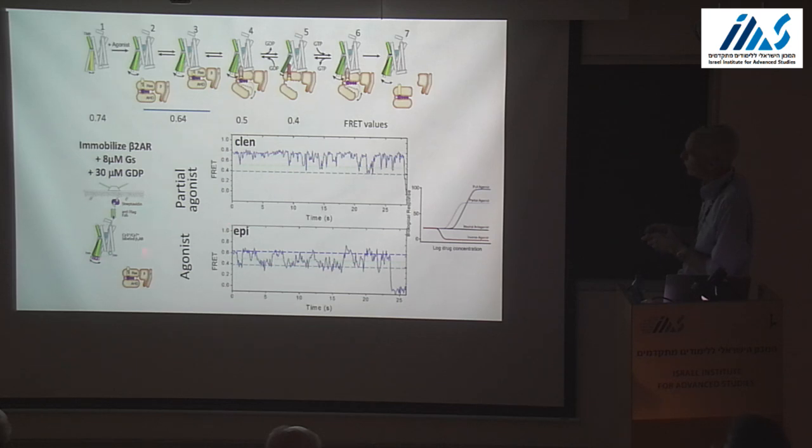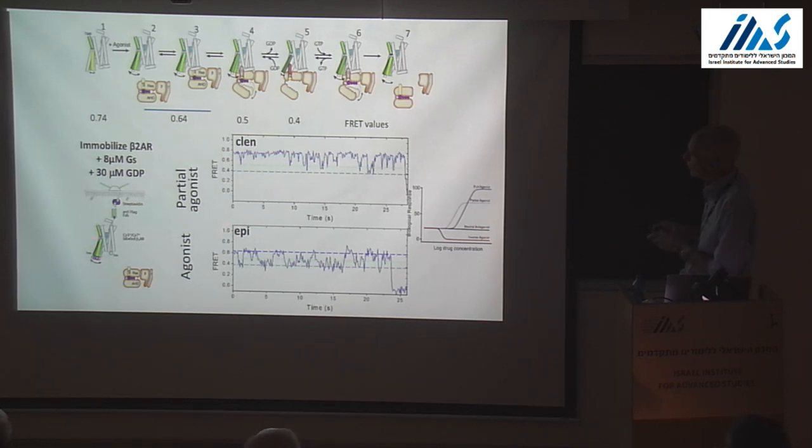So again, it's receptor, agonist, and G protein, or partial agonist and G protein. And you can see we're going between this high FRET state, low FRET state, intermediate, and it flickers back and forth over the course of the experiment, suggesting that we're seeing these states go back and forth. And in the weaker partial agonist, we see the same sort of states, but much less of this intermediate state.